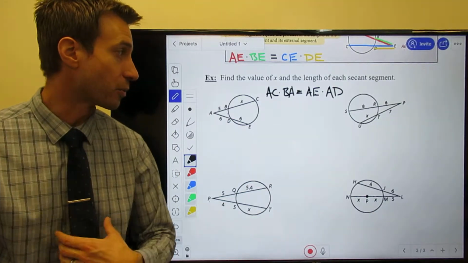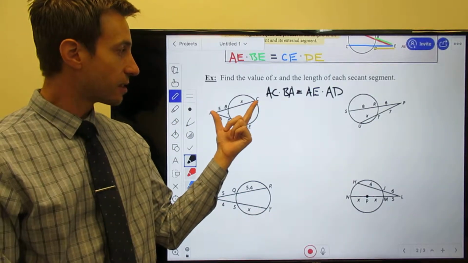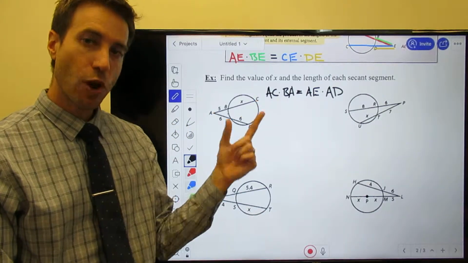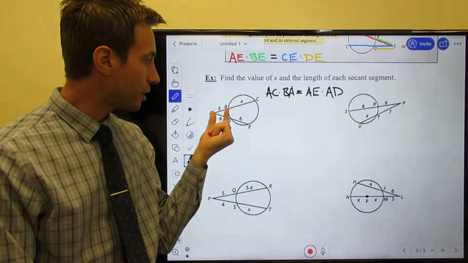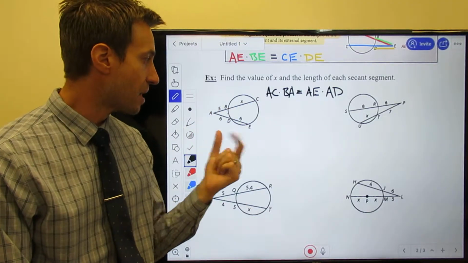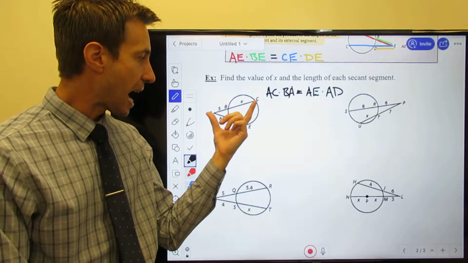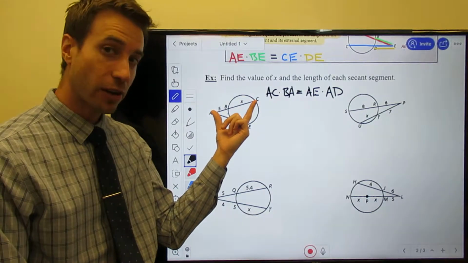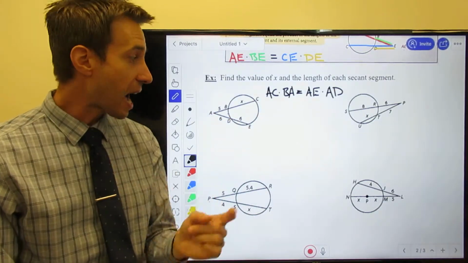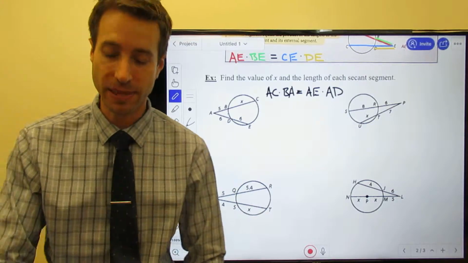We'll solve for the part that we don't know, but be careful. What is the length of AC? Well, I've given you each of these little segments. AB is 5 and BC is x. How do I find the entire length? I have to add them together.